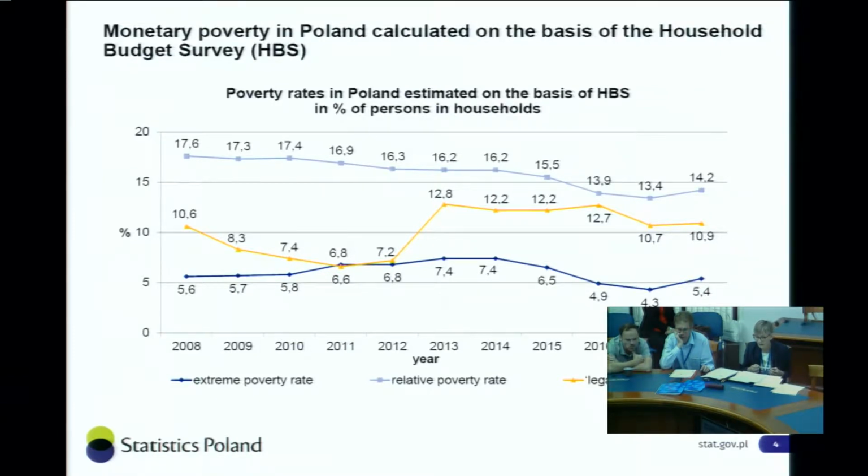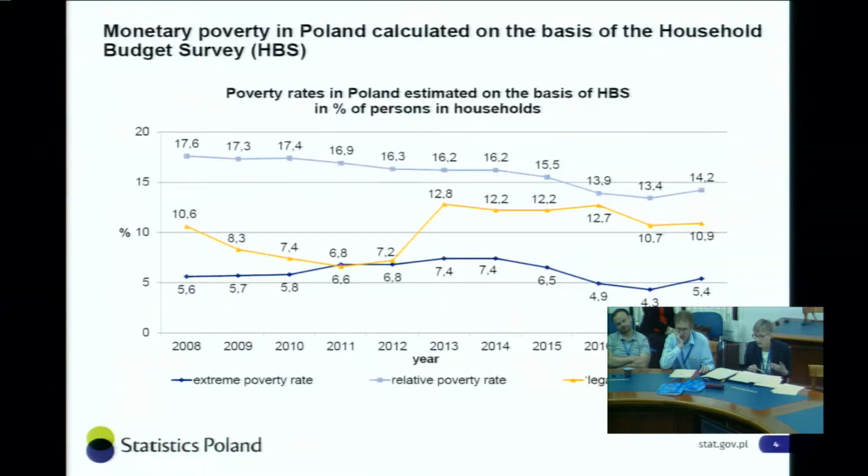The synthetic measure of economic well-being is the expenditure level. And we calculated the extent of monetary poverty on the basis of the survey using different poverty lines. The relative poverty line is defined at the level of 50% of average monthly household expenditure.